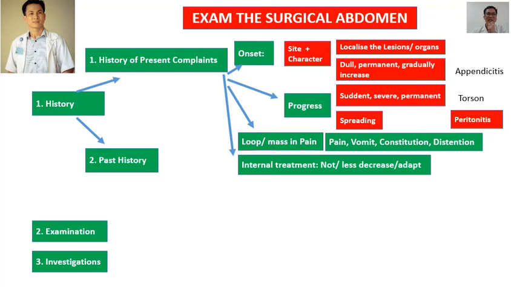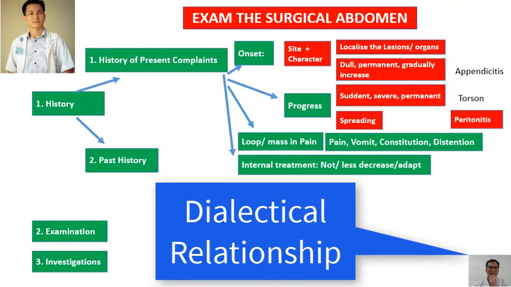Also, symptoms that are less or not responsive to internal treatment. All these symptoms suggest a surgical abdomen. Remember it. However, all the symptoms must be in a dialectical relationship, maybe a relationship of time or cause and effect.